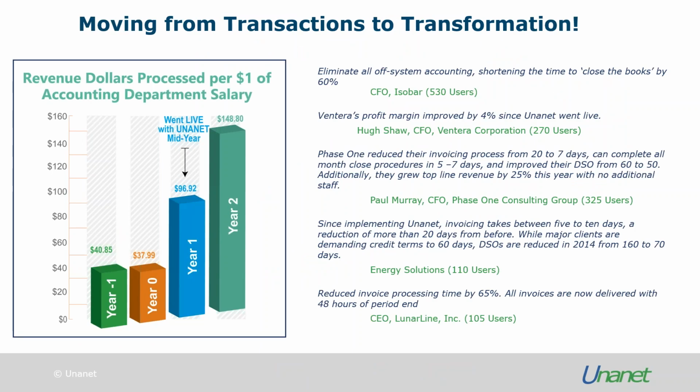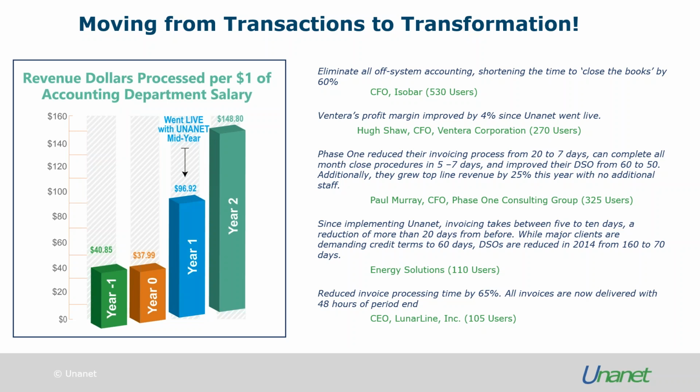We think that our clients are able to achieve some of the success that they've seen simply because Unanet is so streamlined and so efficient. These, I won't read them to you. These are some of the things that some of our companies, and we attribute these to the actual companies and people that set them, are able to achieve with Unanet.